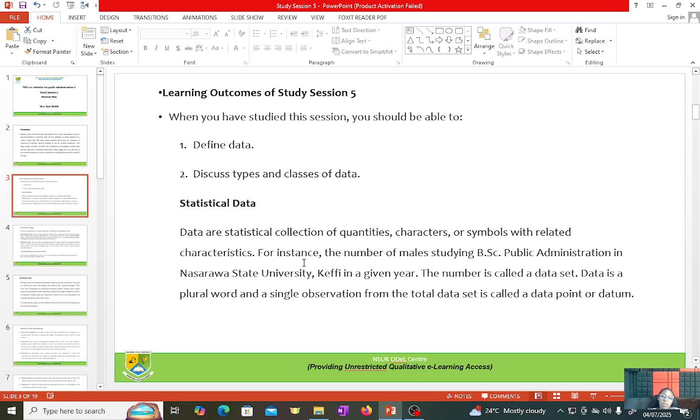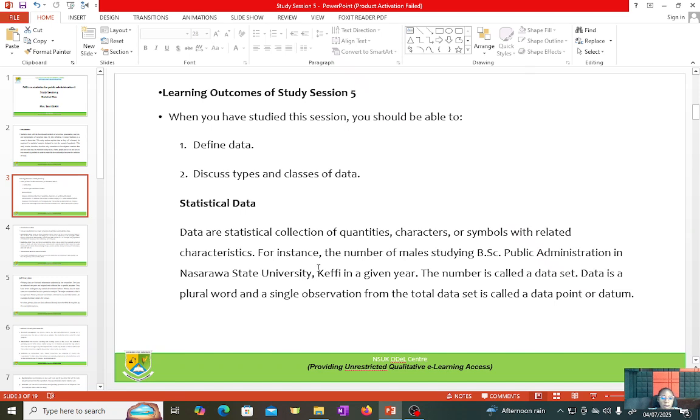It could involve different quantities or categories. It could be the number of male students studying BSc Public Administration in Natural State University.